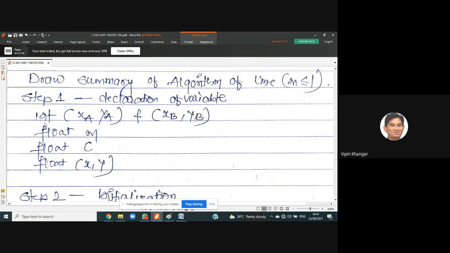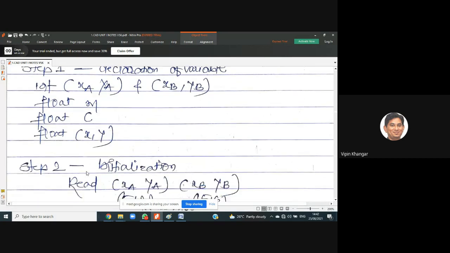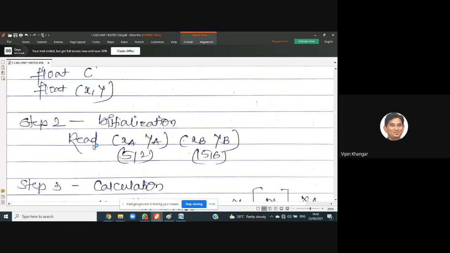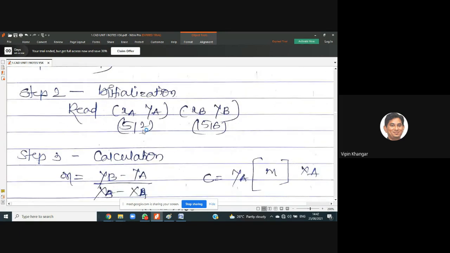We declare integers xa, ya and xb, yb. Then float m, that is the value of slope, float c, the y-intercept, and float xy, that is an incremental point for the generation of the line. Then the second step, initialization. First read xa, ya and xb, yb, the initial and end points of the line.